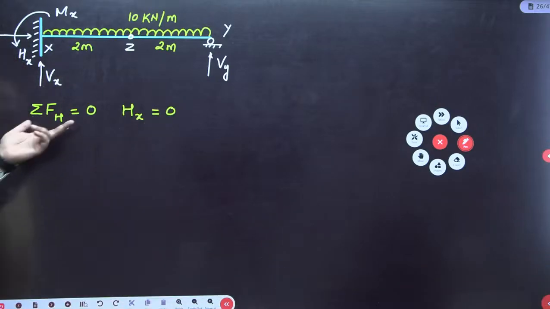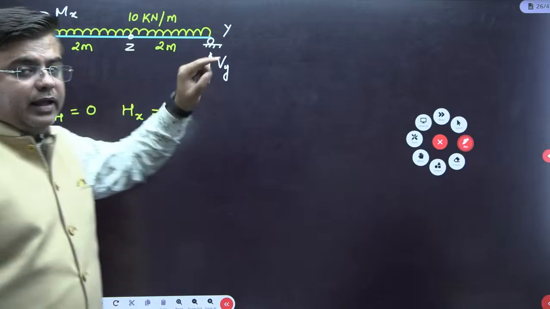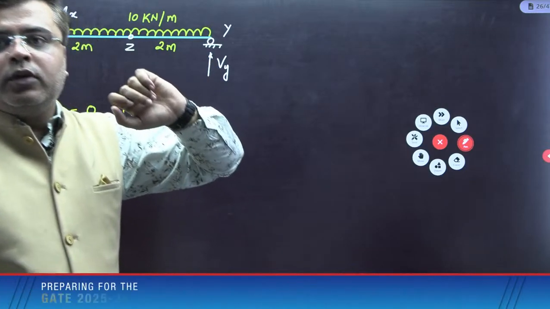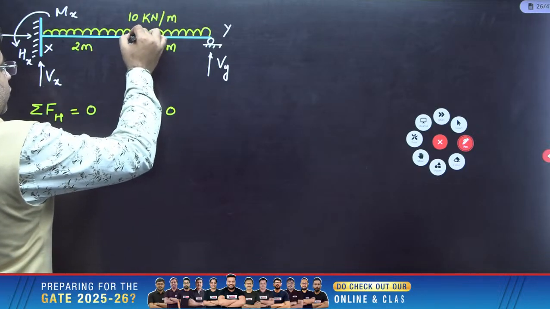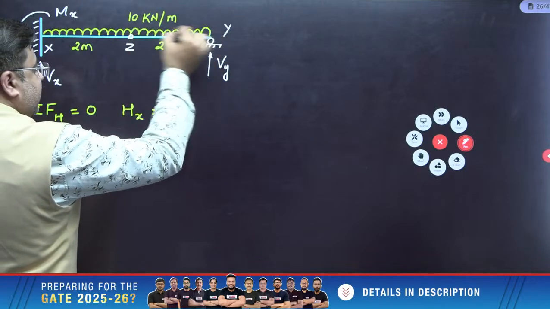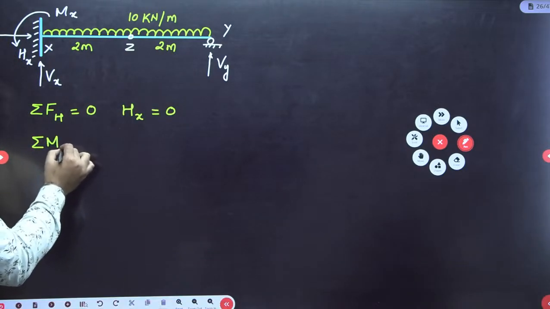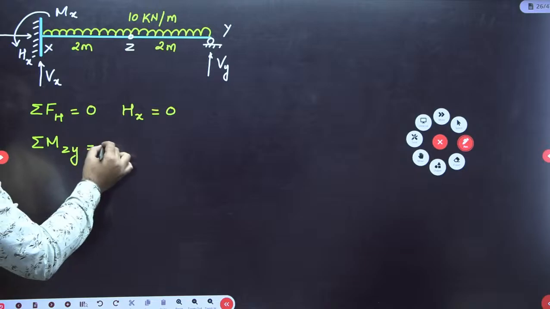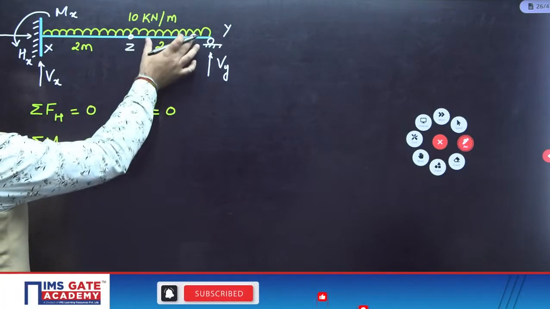Right, now directly don't use summation of vertical forces, because this Vx and Vy will both come in. Take moment about z. Very good. So we will take summation of moment about z on portion zy equal to 0. When we do this, you have the first clockwise moment due to this UDL.